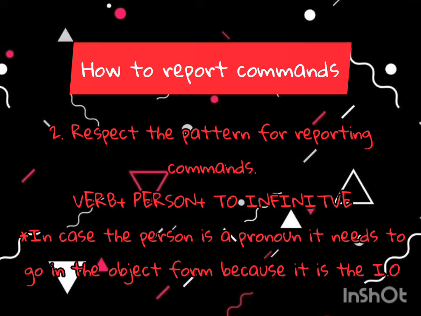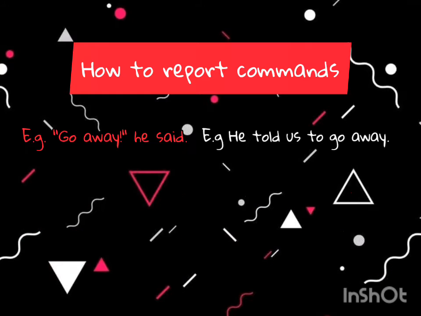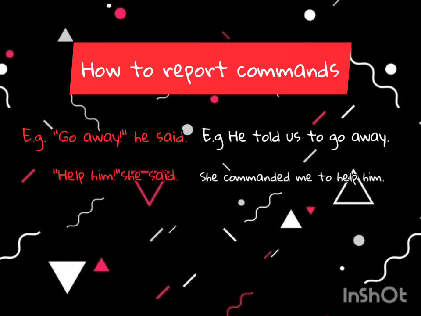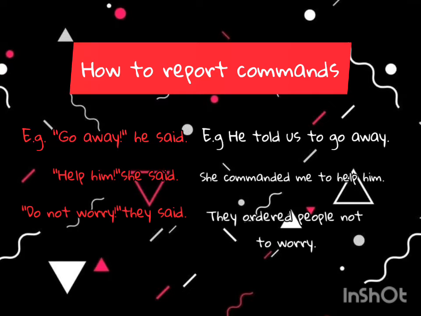In case you are trying to use a personal pronoun as a person, remember that it needs to go in the object form, because the object or the person is going to become the indirect object in the statement. Have a look at the following examples. "Go away," he said. He told us to go away. "Help him," she said. She commanded me to help him. "Don't worry," they said. They ordered people not to worry.